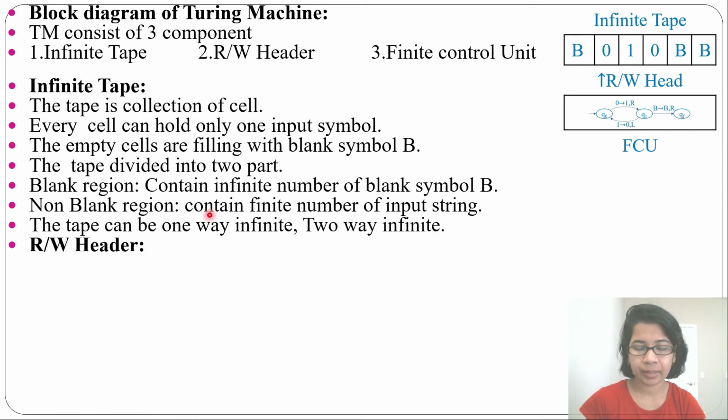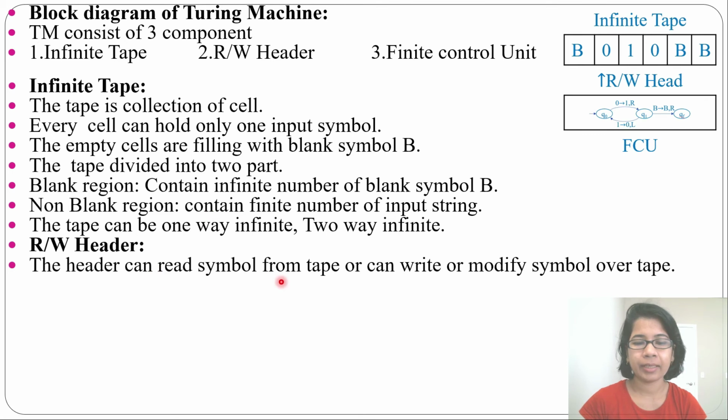Next is the read-write head. The head can read a symbol from the tape, or can write or modify a symbol over the tape. In the case of finite automata, it can only read, it cannot write, but here it can write.